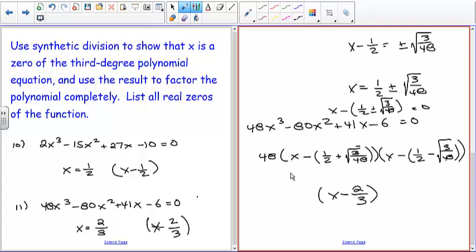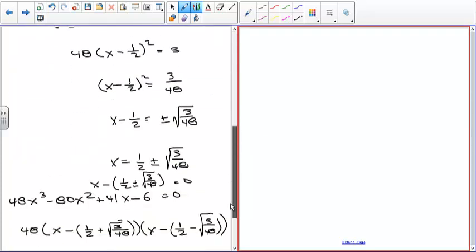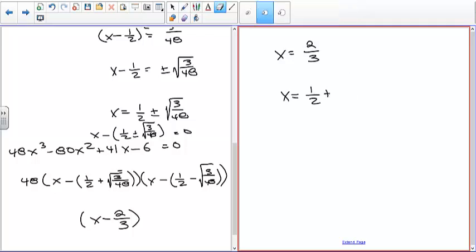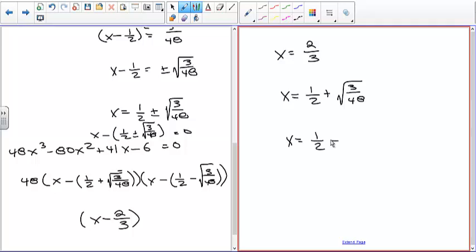The actual zeros, if I wanted to do the zeros for this thing, there would be 3 zeros. One would be x equals 2/3. One would be x equals 1/2 plus the square root of 3 over 48 and x equals 1/2 minus the square root of 3 over 48.